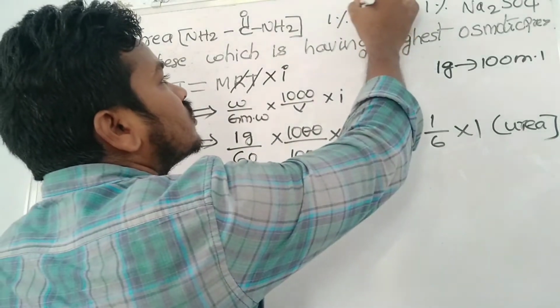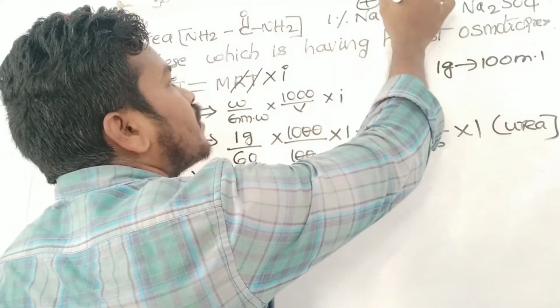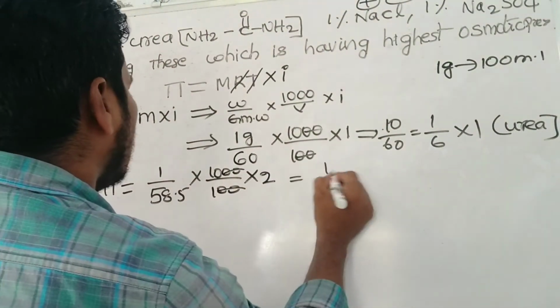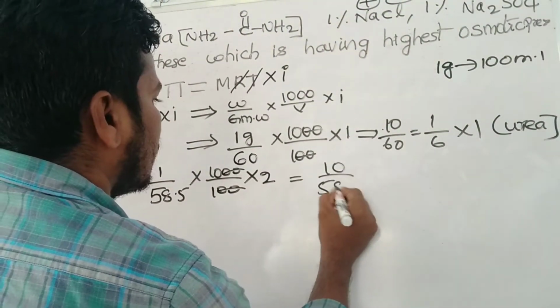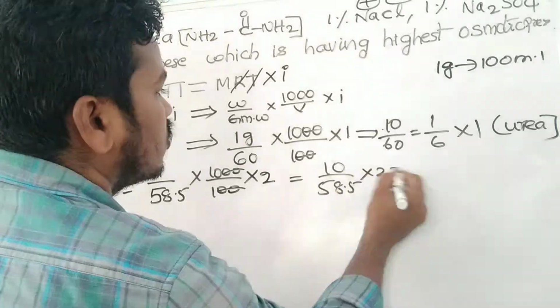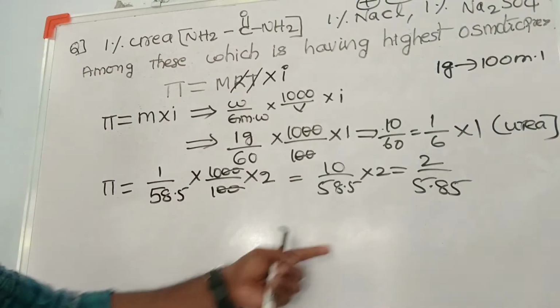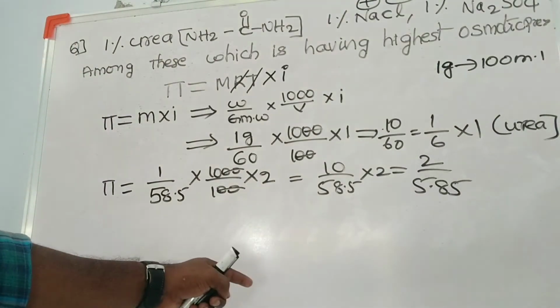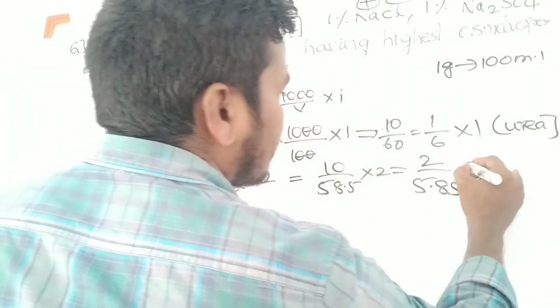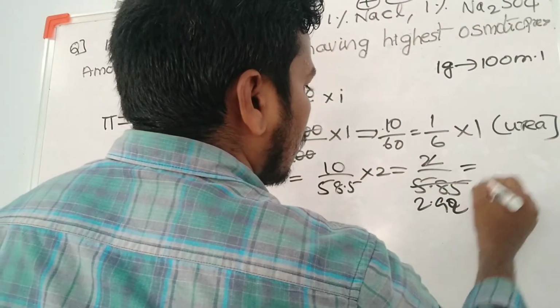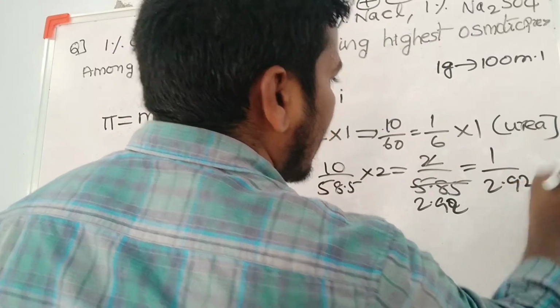After dissociation it forms two ions, Na+ and Cl-, so i becomes 2. So 10 by 58.5 into 2 is 2 by 5.85. By doing the calculation you will get 1 by 2.92.